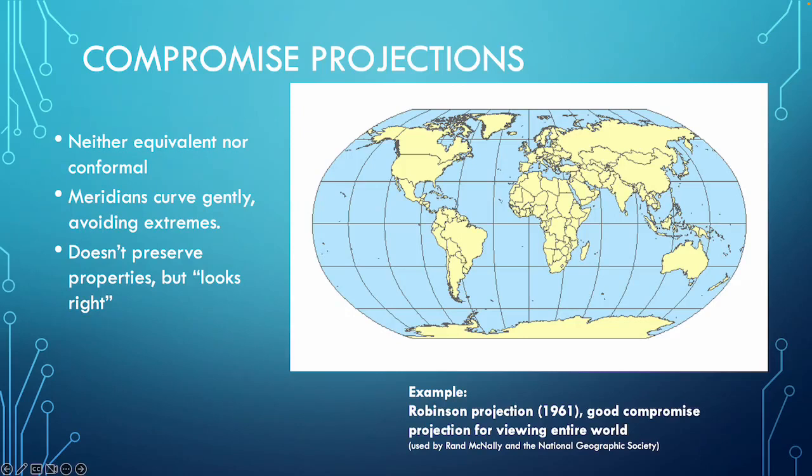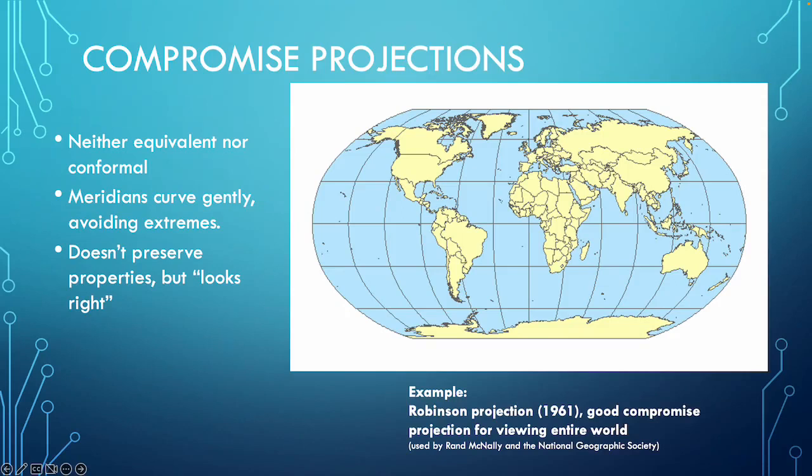Robinson is a pretty common one. And Robinson's a nice projection. It cuts off a little bit at the poles, but it gets most of the land masses here. You'll see that you can almost always find a compromise projection because the meridians are curved, and so you're stretching it less at the poles than you would if you were doing a Mercator projection or something like that.